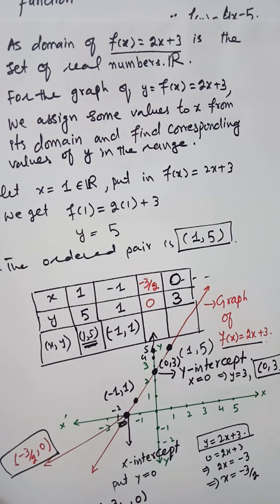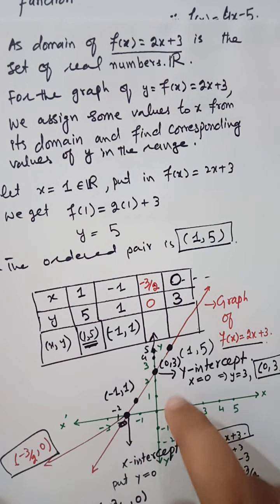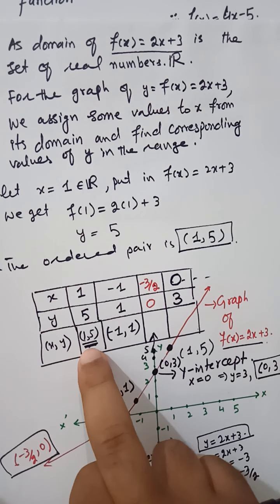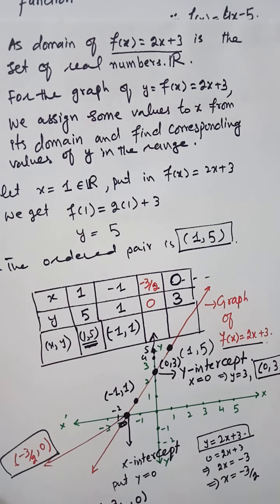It will create doubts in the minds of the examiner and of the people who study this. So that's why always draw the x-intercept and y-intercept, and you can also plot as many ordered pairs as you can.